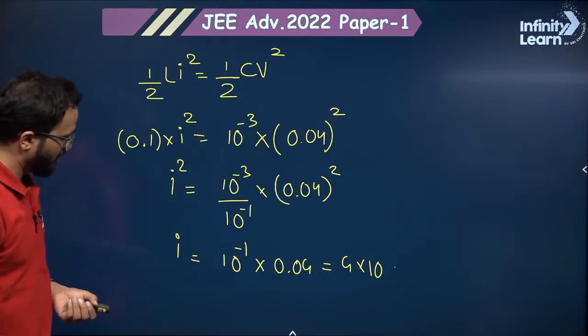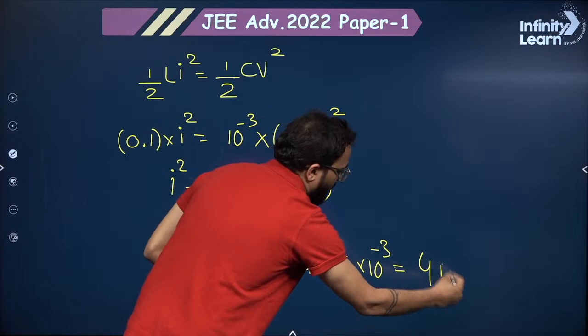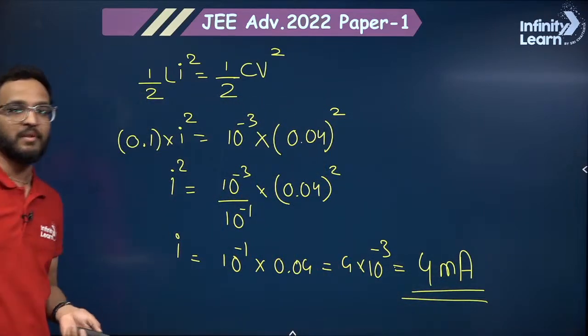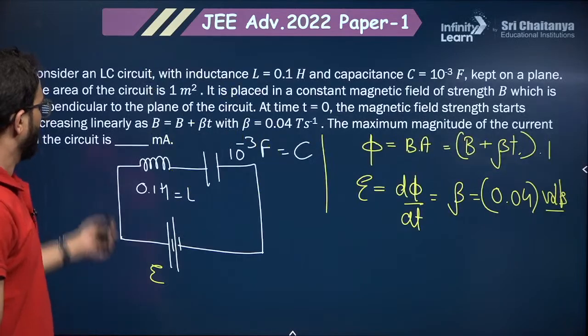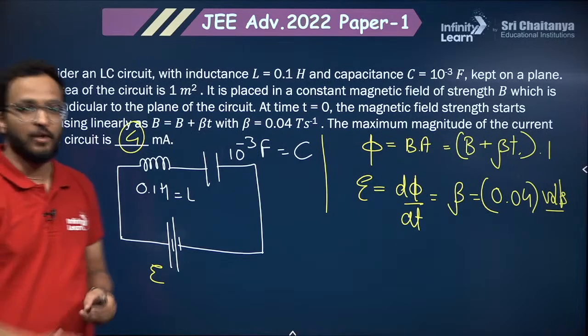Cool. So it will be 4 into 10 to the power minus 3, that is 4 milliampere. They want the answer in terms of milliampere, so the answer will be 4 milliampere. Cool. So what will you write here? 4 milliampere. This is the answer to this question. I hope it is clear.